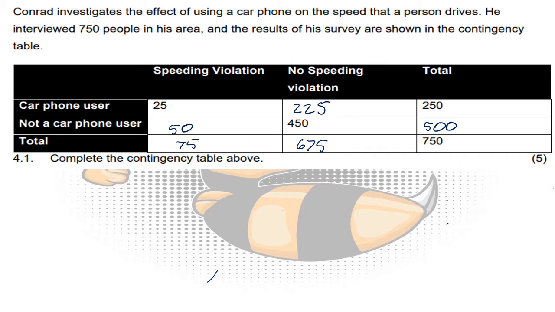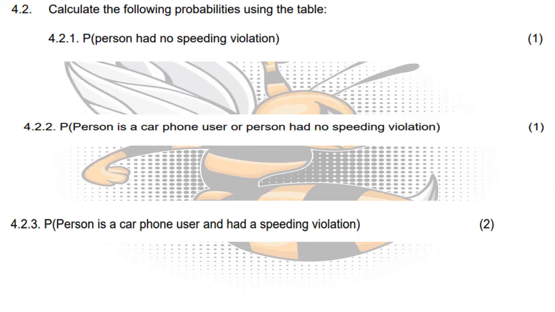Now, the next questions ask you to calculate the individual probabilities of something happening. So you need to take how many times that event occurred and divide it by the total number of outcomes. The first question asks: what is the probability of a person having no speeding violation?